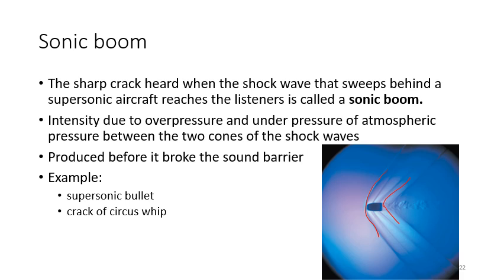This is a nice picture of a cone shape shock wave. And there are other examples, like the crack of a circus whip. Also, you can hear a sharp crack. So again it's due to the sonic boom effect.